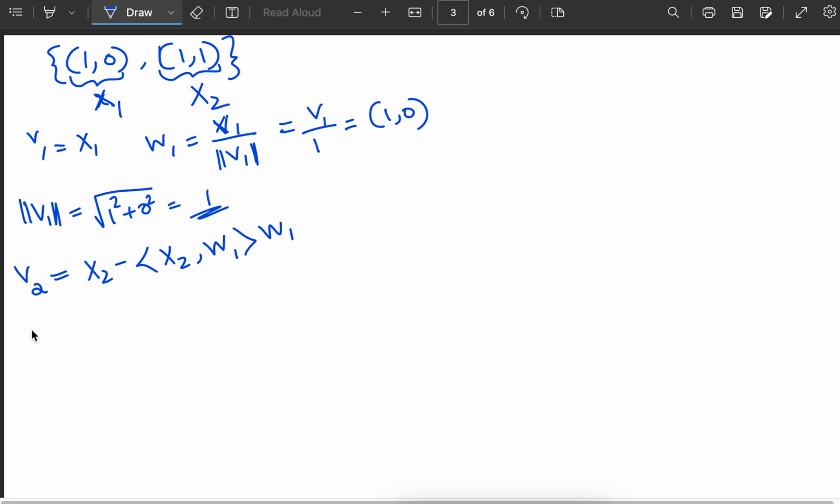Now we need to check what is the inner product of x2 and w1. We know that w1 is this and x2 is this, so their inner product is 1 times 1 plus 1 times 0. So it is equal to 1.